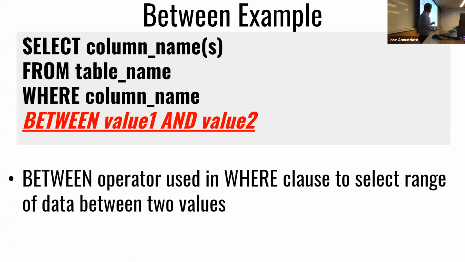BETWEEN allows you to provide values for a range, a minimum and maximum. You could use numbers, floating point values. You can also use characters or strings, and then it will use the lexical value of the string to see if it's within a particular range of strings.